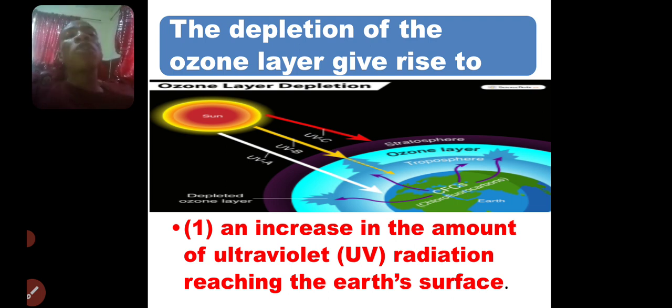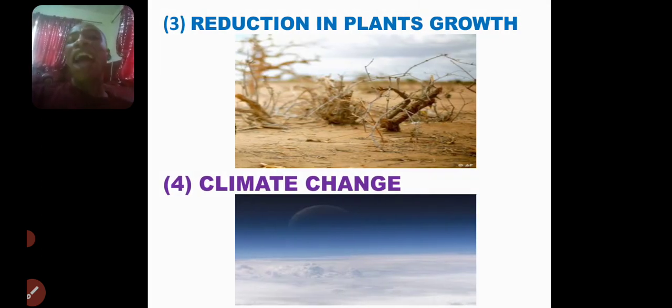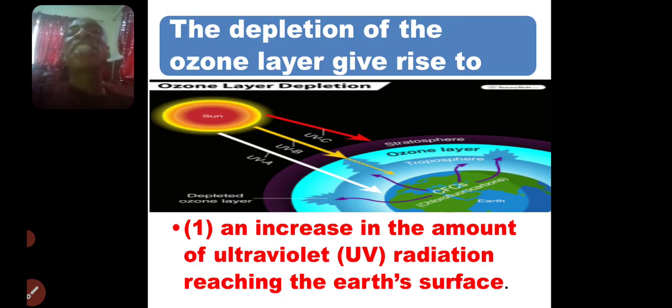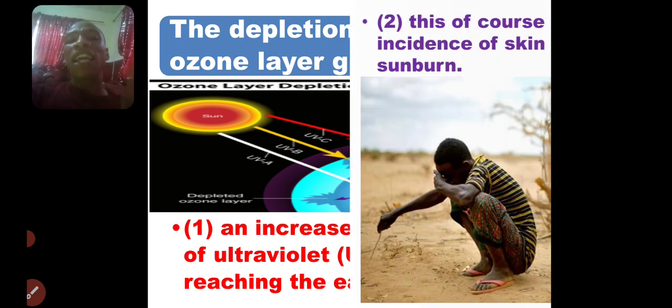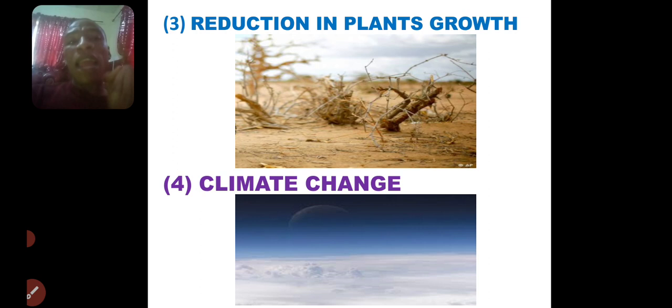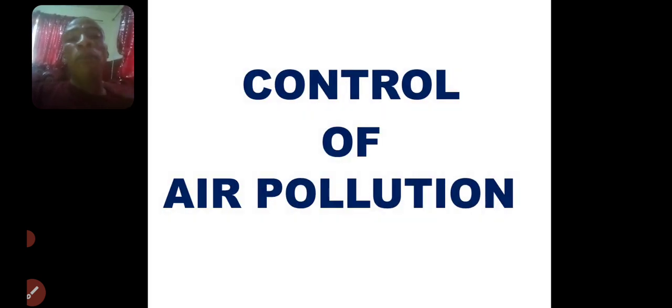When there's too much radiation on the Earth, there will be sunburn, there will be skin cancer, and then there will be drought. Plant growth will reduce, and there will be climate change. So these are the effects or consequences of depletion of the ozone layer: increase in the heat, sunburn, skin cancer, climate change, and drought. How can we control this air pollution?